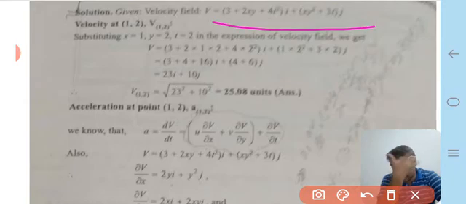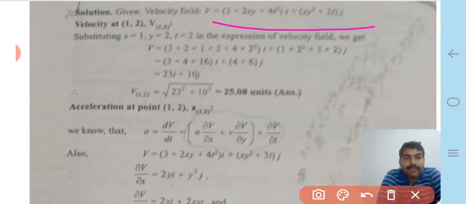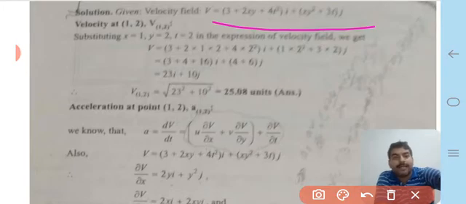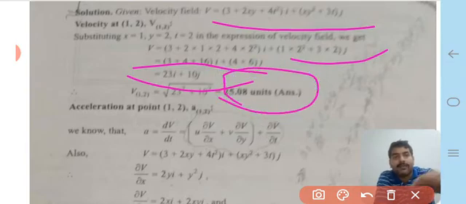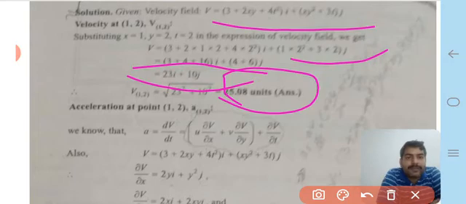Putting the values of x, y and t into the velocity components, we get the velocity value of 25.08.